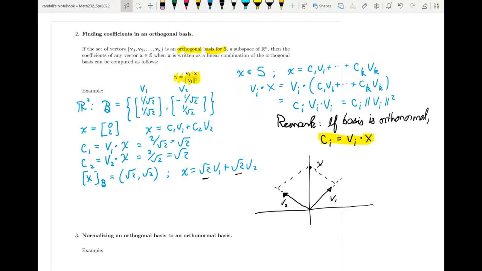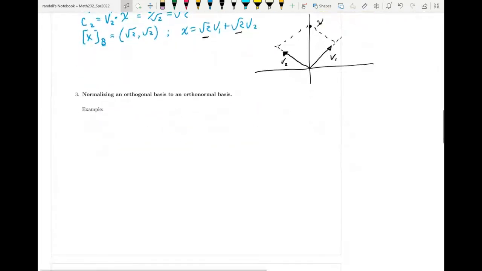Now, the hard work in finding orthogonal bases, which is what we'll do later in a lecture, is establishing that they're pairwise orthogonal. So that takes some time and some thinking to prepare bases like that. But once you have an orthogonal basis, then it's a simple matter to convert it into an orthonormal basis, which is what we're talking about now. Okay, so we call that normalizing an orthogonal basis to an orthonormal basis.